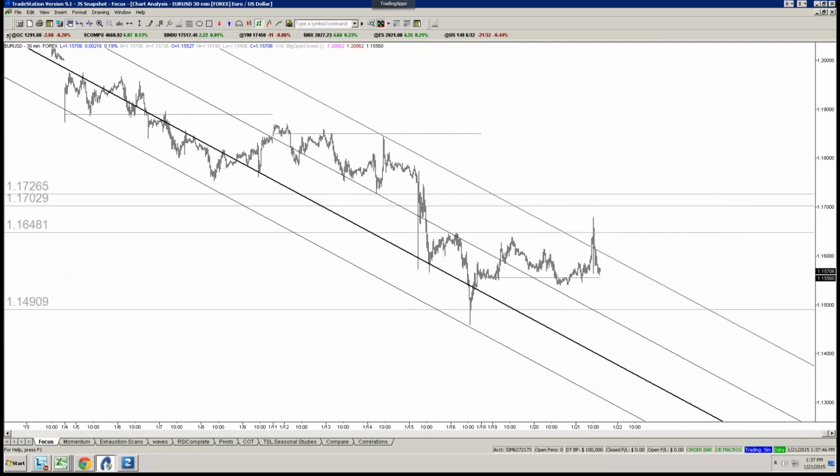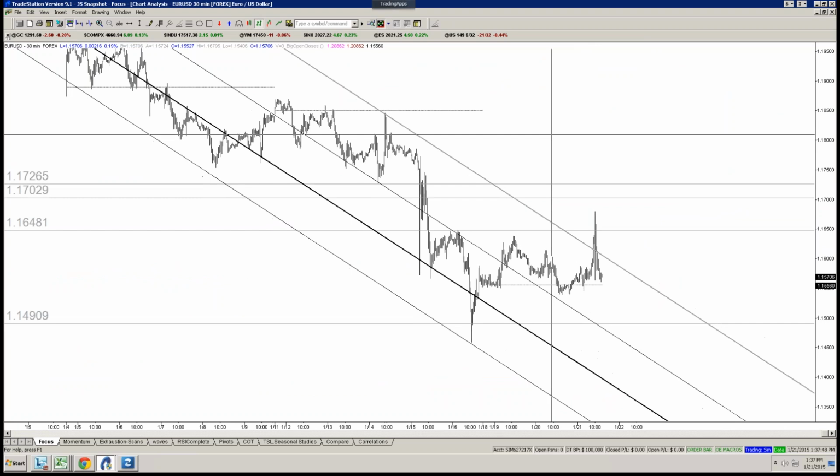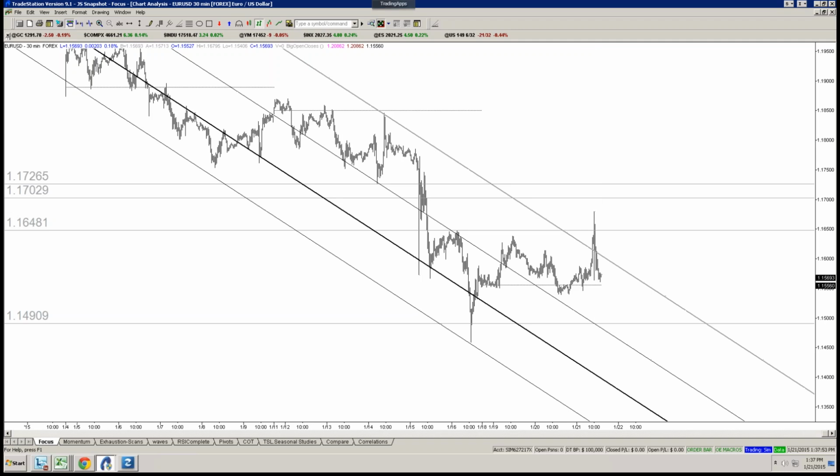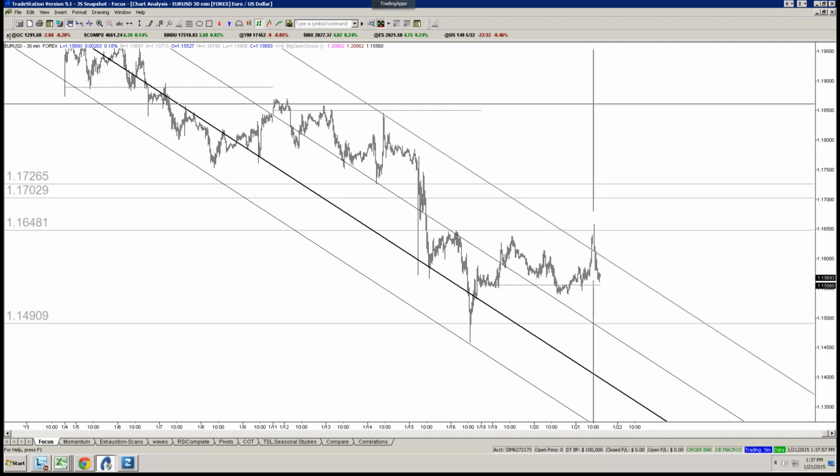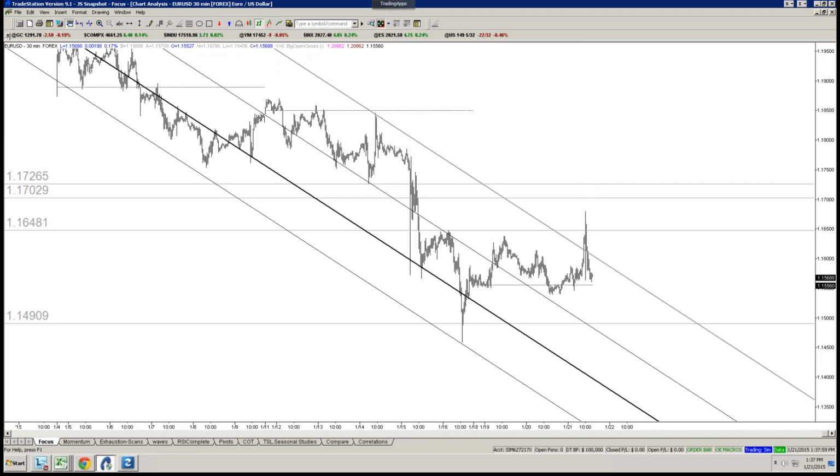I absolutely have no interest in sitting with a position in the euro before ECB. My guess is that the euro ends up spiking down to a new low and taking out everyone that's trying to pick the low, and then ends up staging a massive recovery.